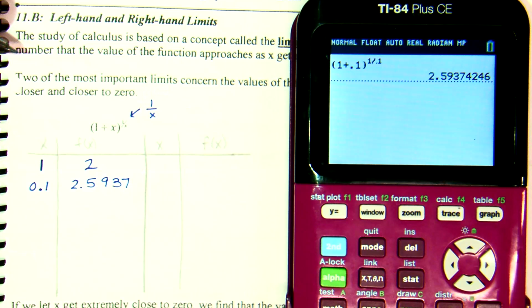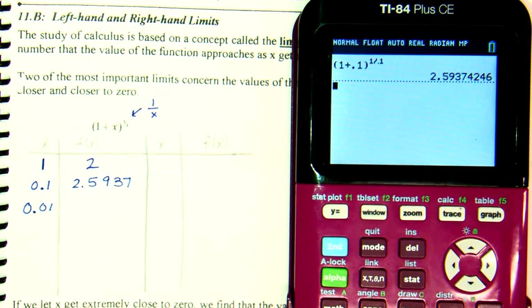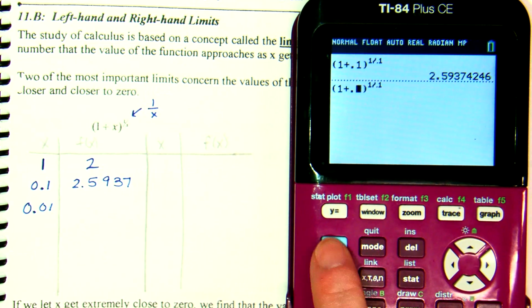What if my input is 0.01? Now, you guys can arrow up and copy this and insert, right? If it's 0.1 and I want to put a 0 there, you know how you can use insert? Go second, and that delete button right above delete is insert, and it will insert a character.